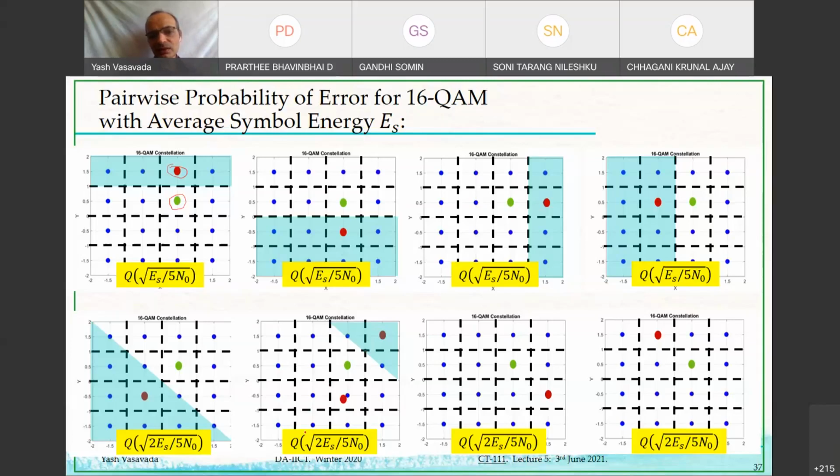It is now square root of 2 ES divided by 2.5. And so the formula becomes this. And so that is how we have painted the portions of this two-dimensional plane. Okay.